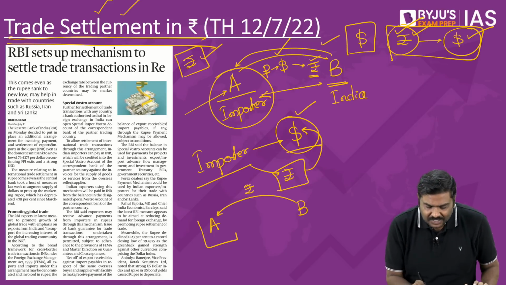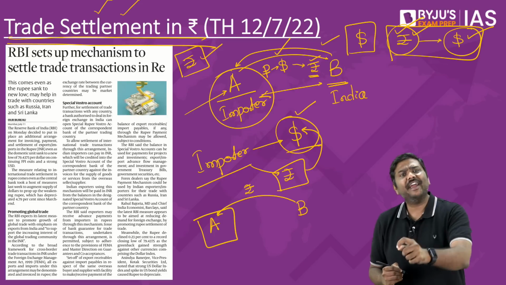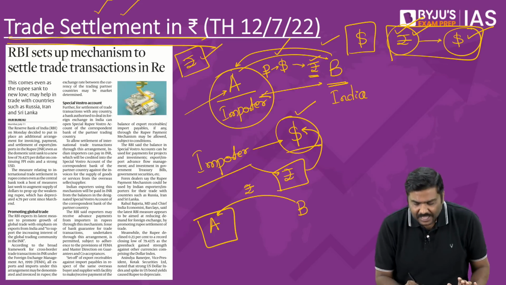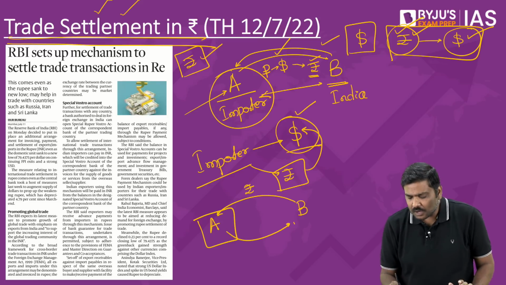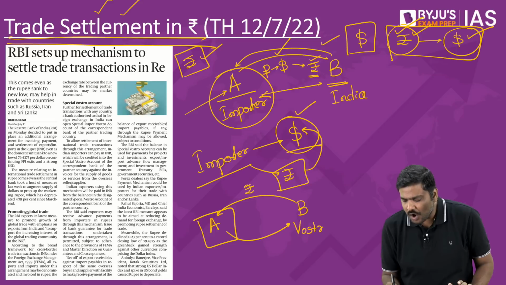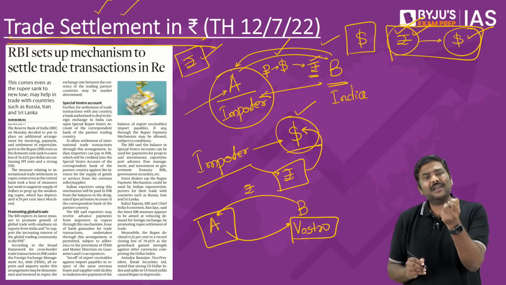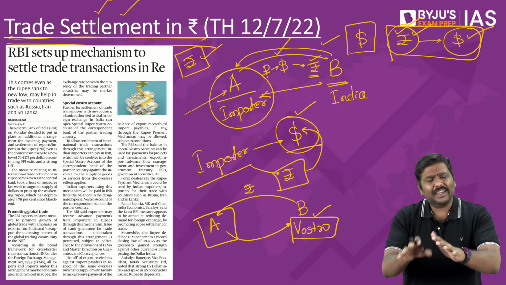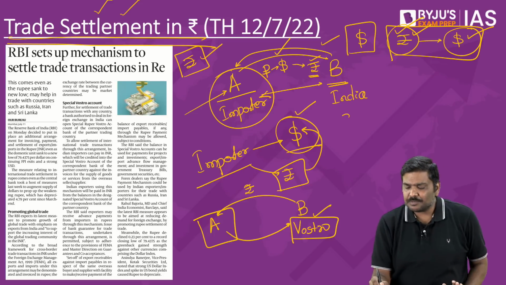This particular country, let's say Russia, wants to conduct trade in rupees, that is, settle in rupees. They will have to open a bank account called a Vostro account. I'll come to this. They will have to open a bank account called a Vostro account with a domestic bank in India, let's say hypothetically SBI.